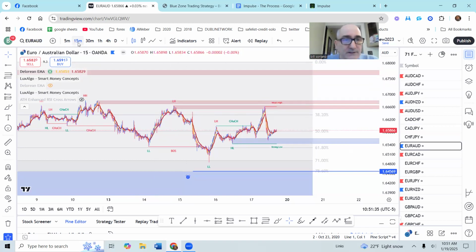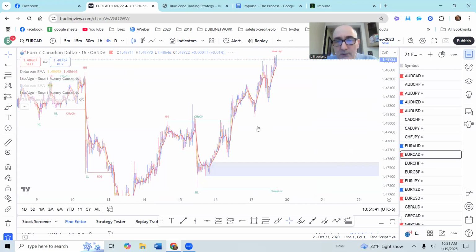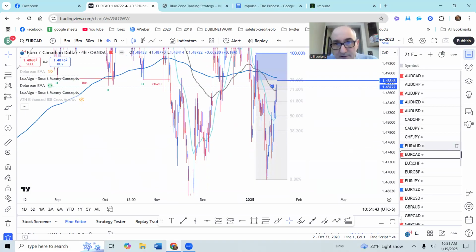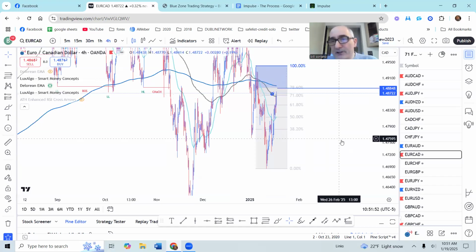So let's look at a bearish example here. On the 4 hour, you can see this is clearly 50, 200, 800, so it's clearly a bearish bias on the 4 hour, okay?